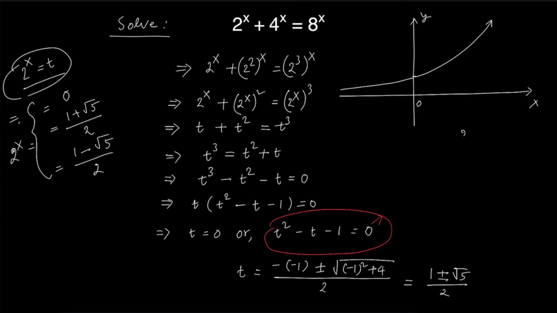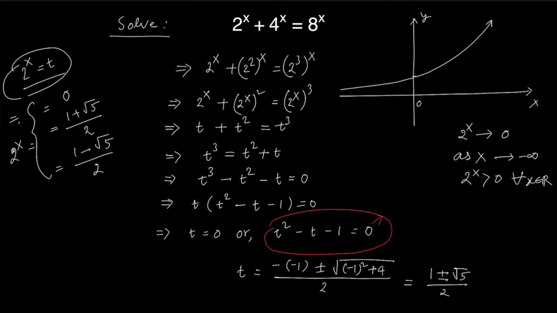And 2 to the power x will tend to 0 as x tends to minus infinity. But 2 to the power x is never 0, and we see 2 to the power x is always strictly greater than 0 for all x belongs to R.